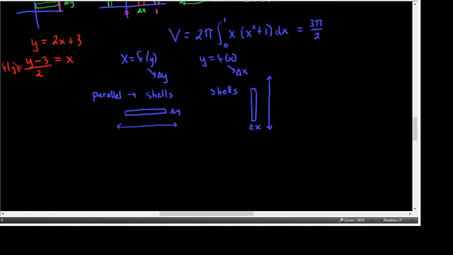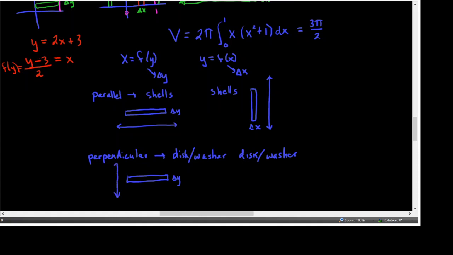Now, reviewing what we already talked about, however, if they're perpendicular to each other, that means we're using disk or washer method in both situations. And so what that would look like is if you had a delta y situation and the axis of revolution were a vertical line, either to the left or to the right of it.